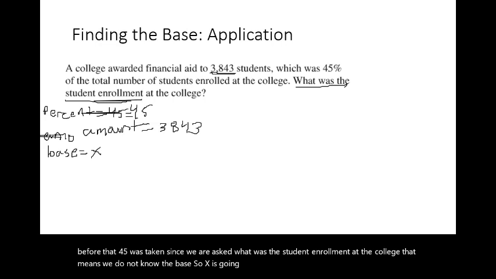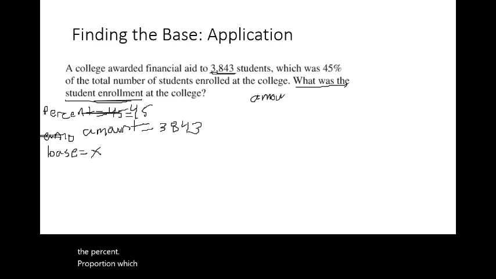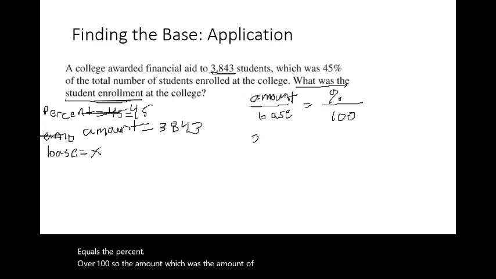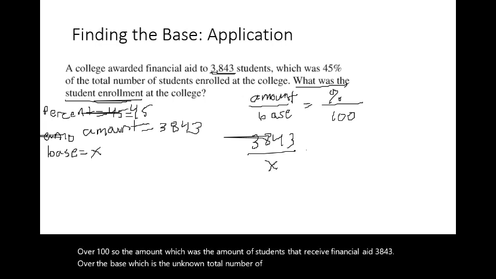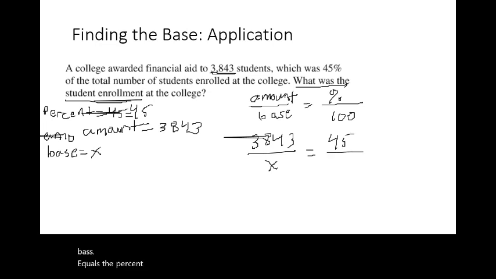So I'm going to use the percent proportion, which is the amount over the base equals the percent over 100. So the amount, which was the amount of students that received financial aid, 3,843, over the base, which is the unknown total number of students, so I'm going to put x in for that base, equals the percent, which was given as 45, out of 100.